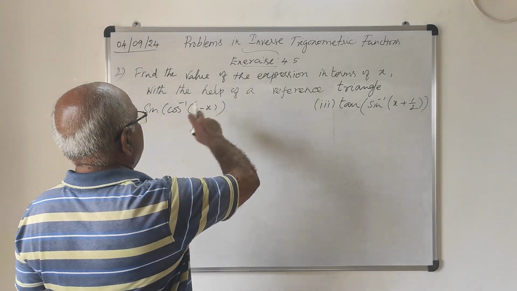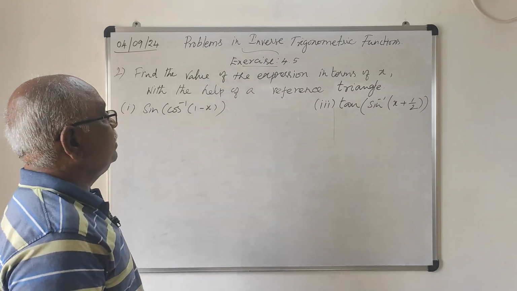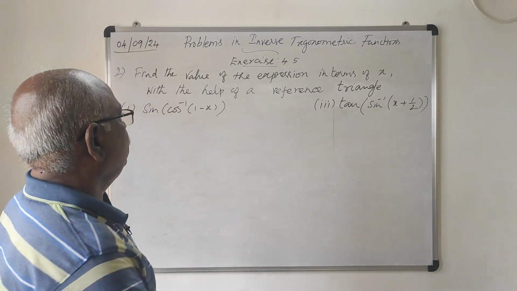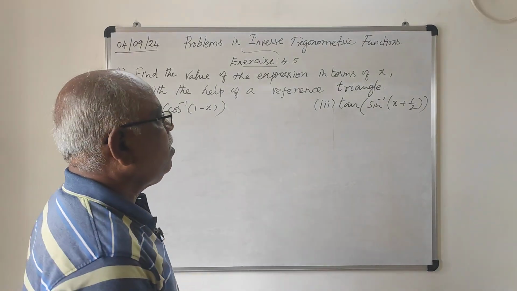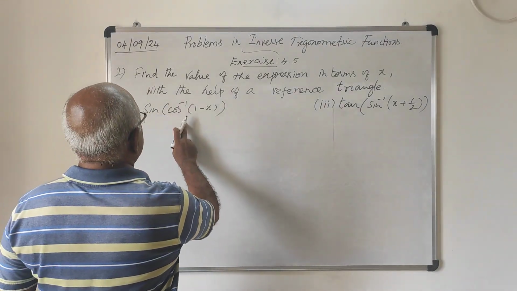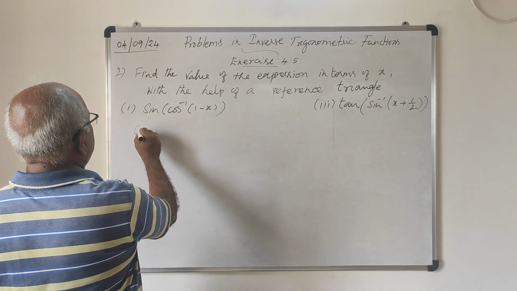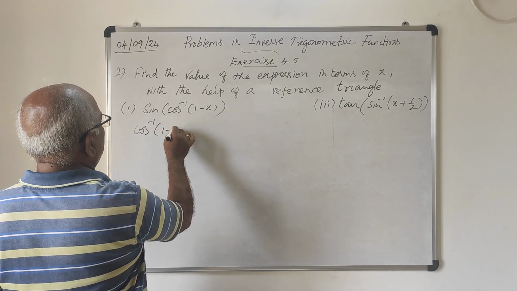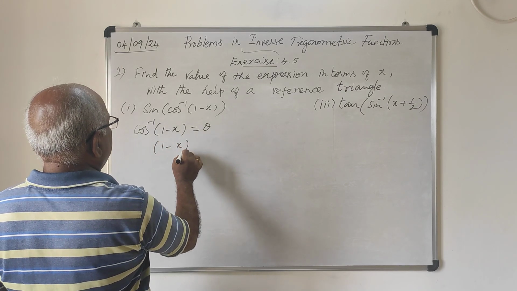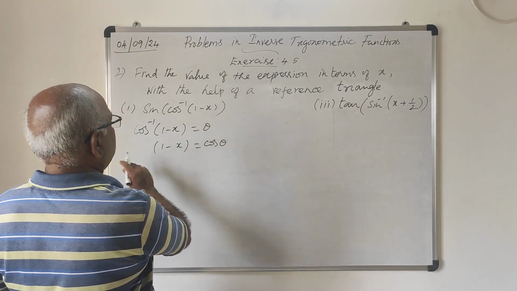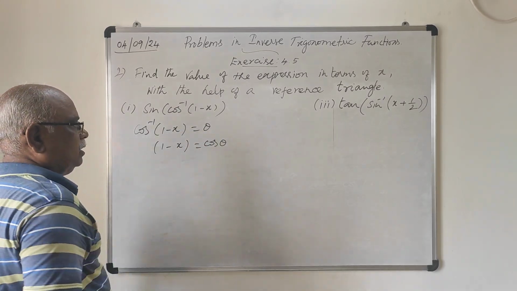Next problem in the exercise. Find the value of the given expression in terms of x with the help of a reference triangle, I mean a right angle triangle. For the first problem, sine of cos inverse of 1 minus x. You consider cos inverse of 1 minus x as theta. From this, 1 minus x equal to cos theta.